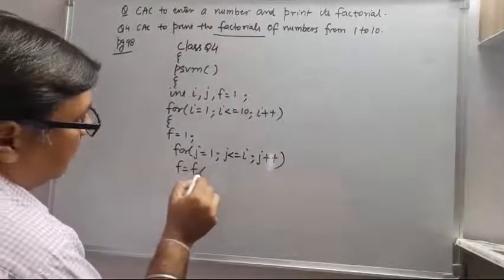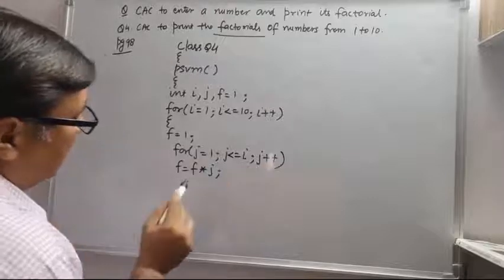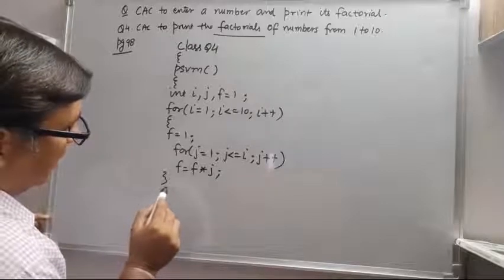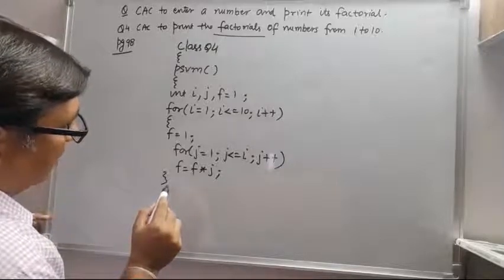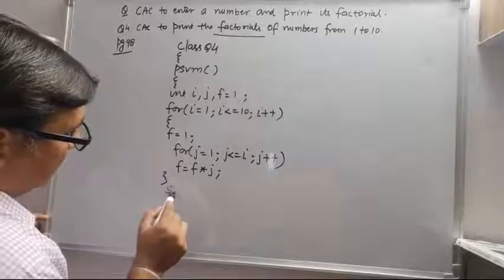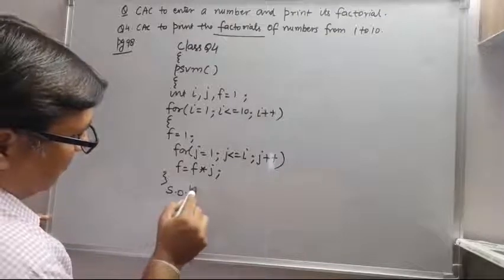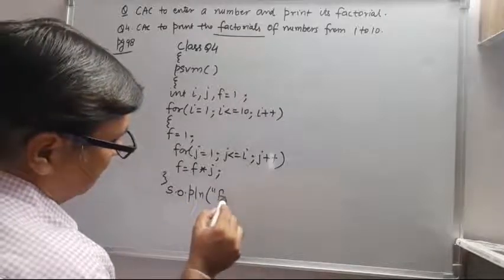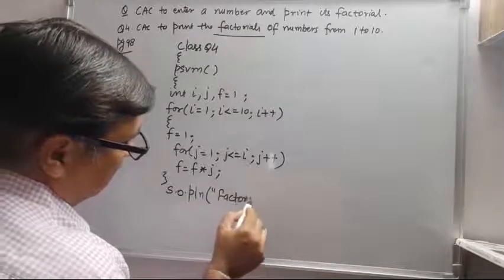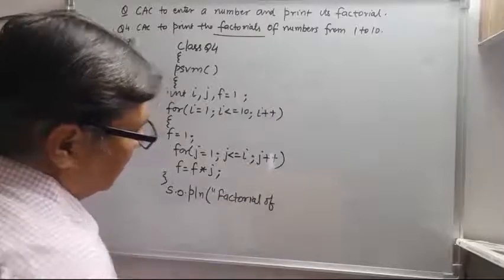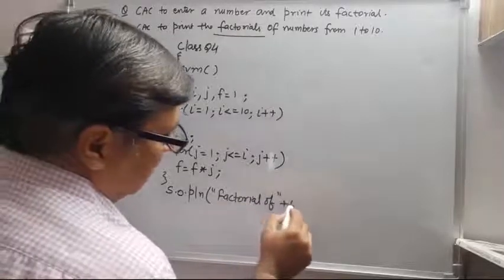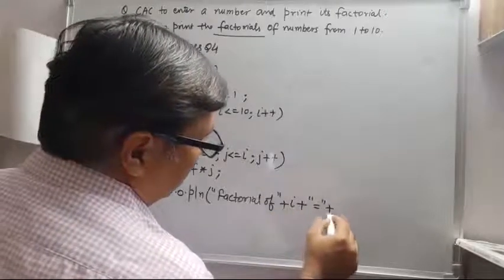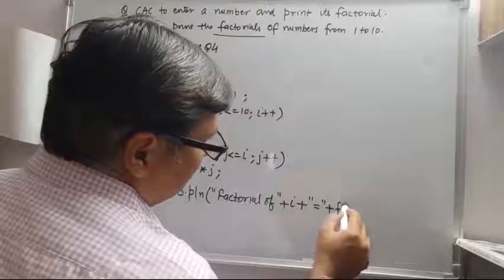f = f * j, and then we'll close this bracket and then we'll print "factorial of " + i + " = " + f.